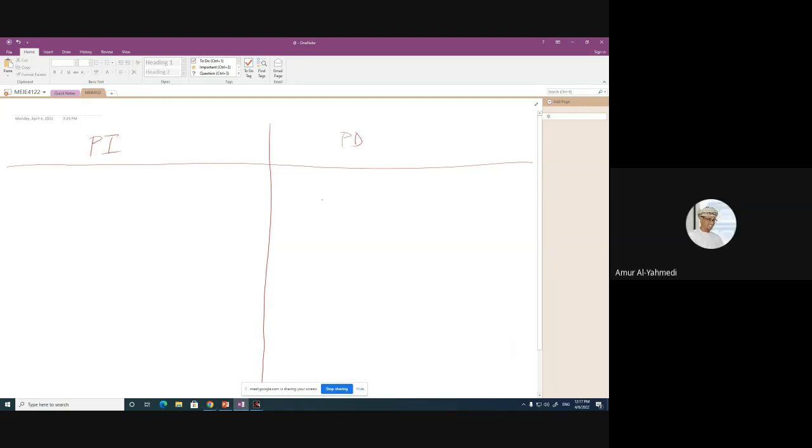In PD we add a zero. So the PD controller, if I write it down, will be something like K(S plus Z). So I'll have K times S plus K times Z. This is just a number, the proportional part, and this one has differentiation, which is the derivative.